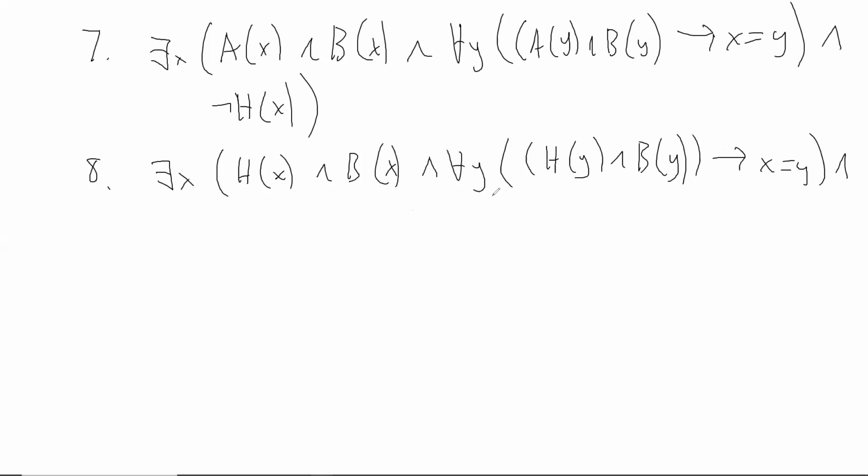So it says that there's exactly one horse in Farmer Brown's field. And the last thing we need to add is that the horse does not have wings. And that's the sentence. We got, there is a horse in Farmer Brown's field. That's the first bit. That horse is unique. So we have the horse in Farmer Brown's field does not have wings, not W of X.